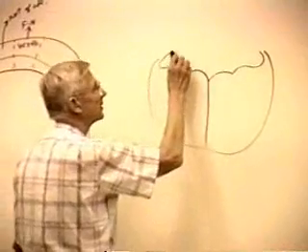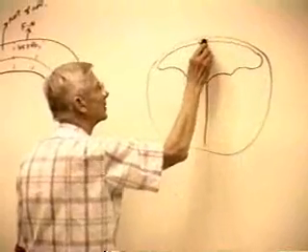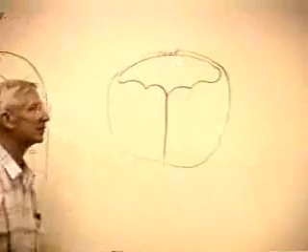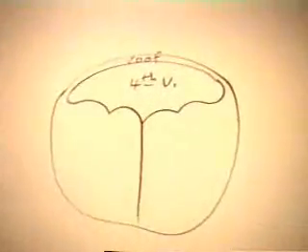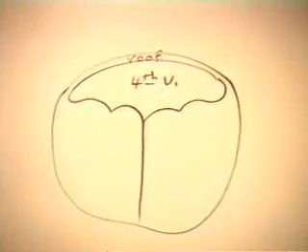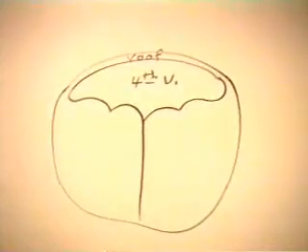And this roof plate, which roofs over the dilated fourth ventricle, is the tissue in which the cerebellum is going to grow.